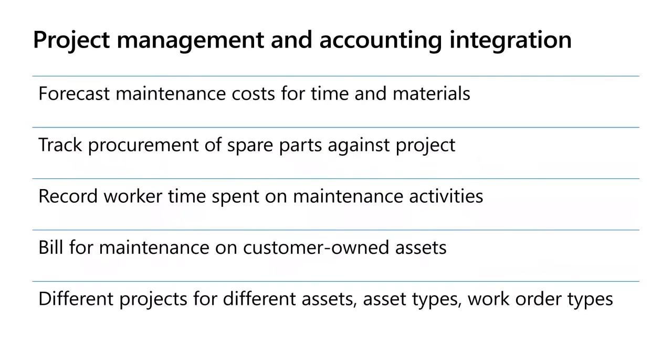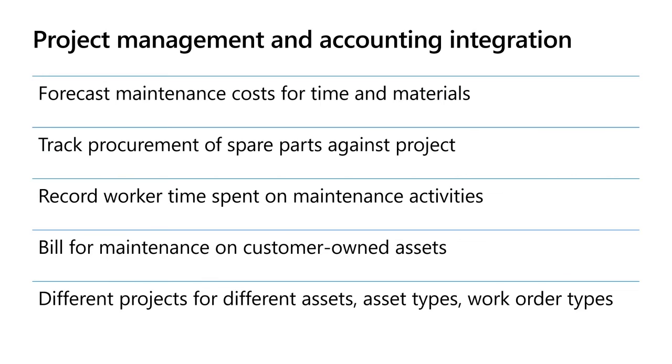We do have an integration between the asset management module and the project management and accounting module, which I mentioned earlier. And what that allows us to do is several things related to maintenance. First, we can use the integration with projects to create a forecast for the time and materials against our expected maintenance.